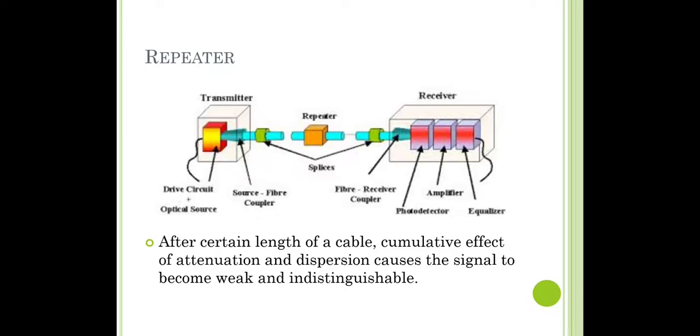Whenever the information travels from the sender to the receiver, the information may get weakened. If the information gets weakened, the receiver may not receive the correct information sent by the sender. So in order to avoid those discrepancies due to attenuation and dispersion, we place a repeater block which repeats or amplifies the input signals.